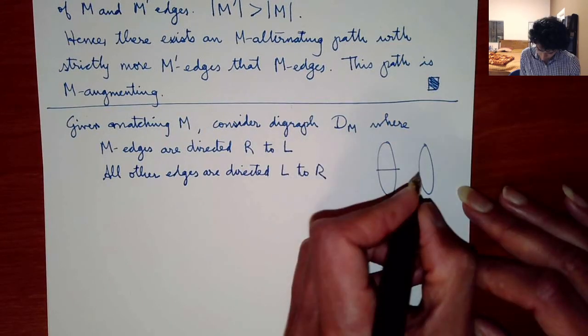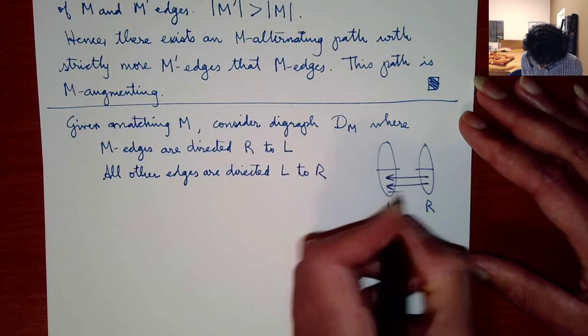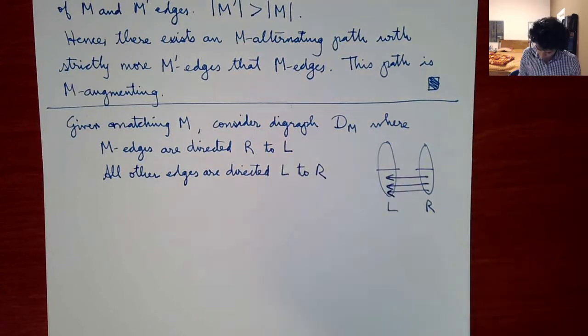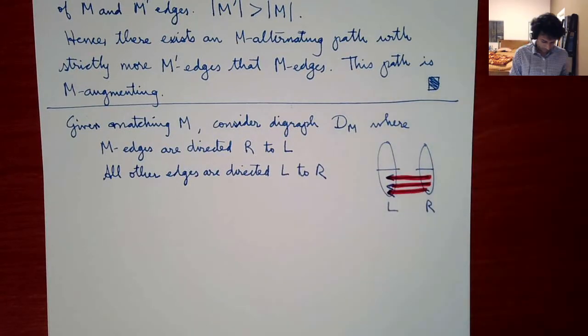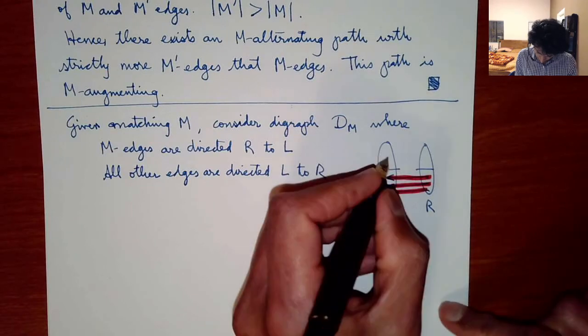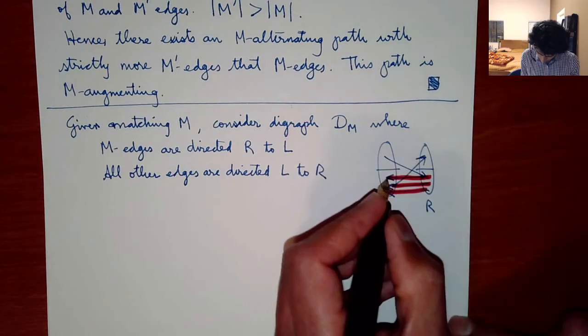And that was the thing that I had shown earlier, where the red edges were directed backwards, and the other edges are directed forwards.